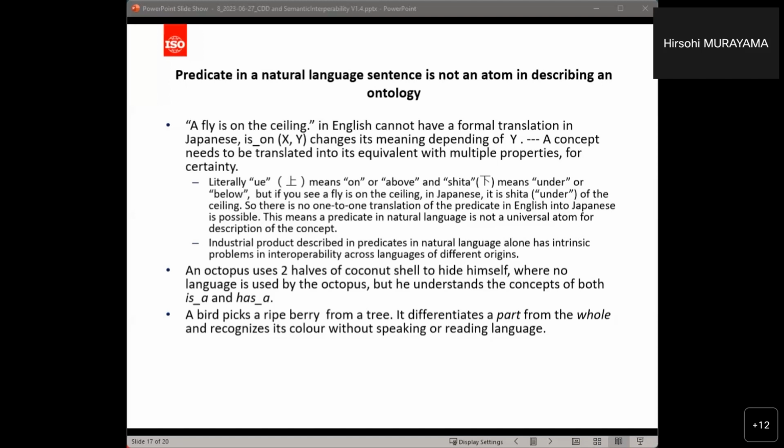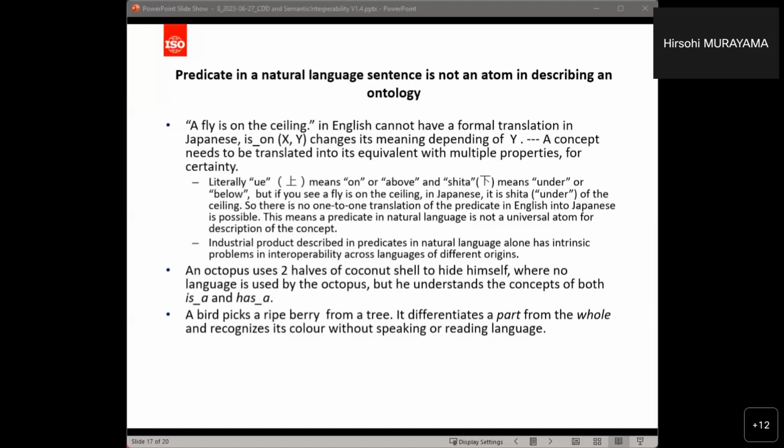But he understands the concept that the halves of the coconut shell are like a shell, and that the coconut has two halves, or the shell in which it hides has two parts. These kinds of basic concepts are known to animals without using language. That's something we have to keep in mind. Not everything is necessarily expressed by language.